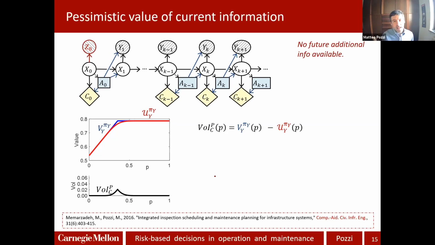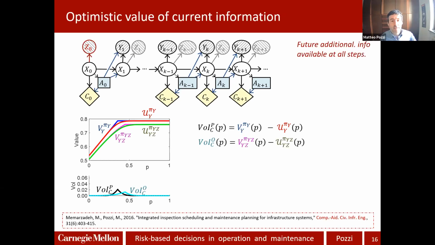This would be the value of current information, and it turns out that this value depends on many things, including the specific assumption that you're making about the availability of future information. If you don't inspect right now, when would you expect to inspect in the future? So the pessimistic assumption says that you will never inspect it in the future. And this allows you to compute a specific value.